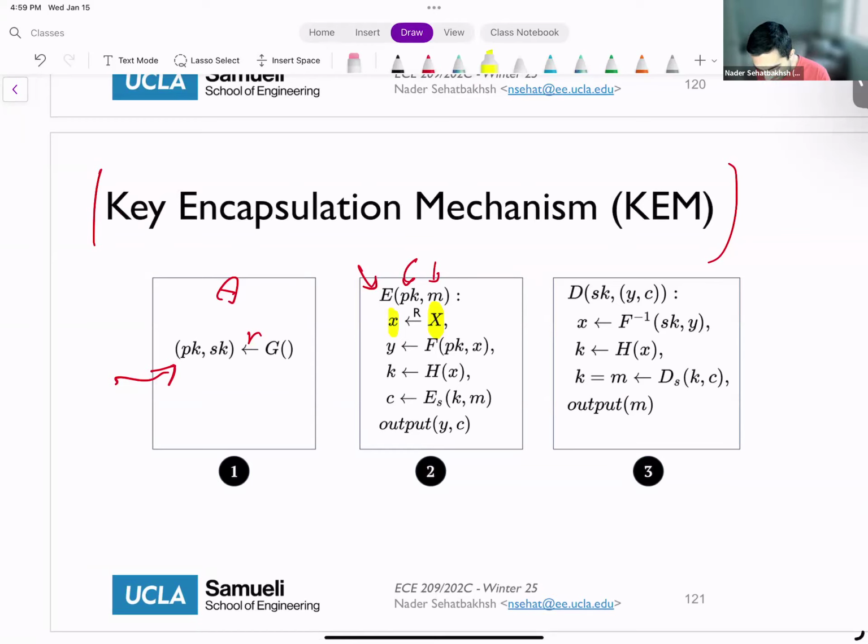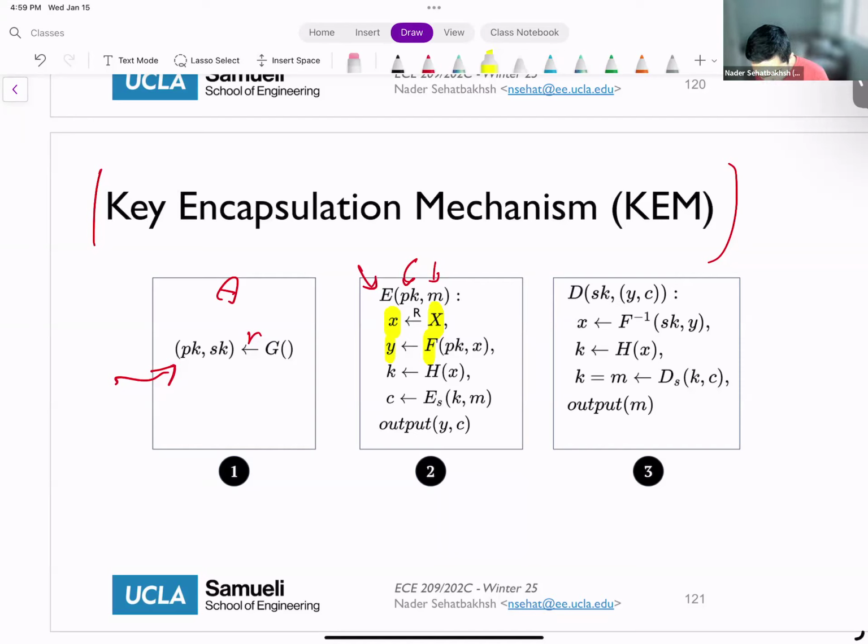Now you can see X is uniformly distributed, and that's all I want. Then I'm going to apply the trapdoor function f on x, and you see that x now has the property that I want. I'm going to get this y from this x. So I basically just create a random number and I encrypt it using f.